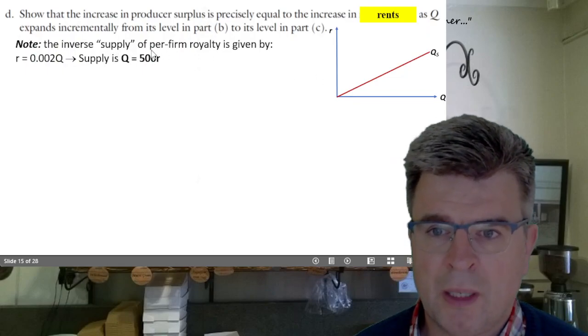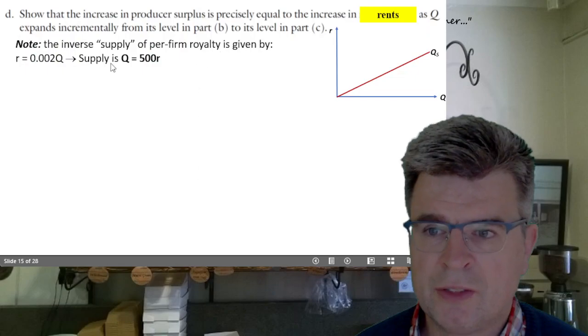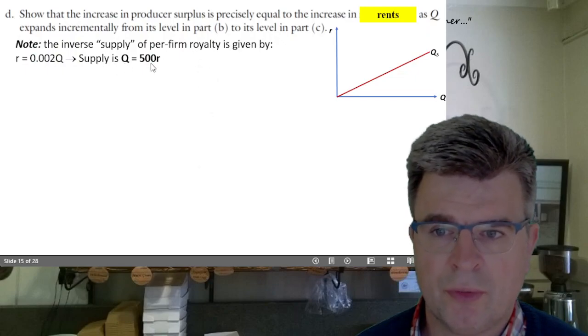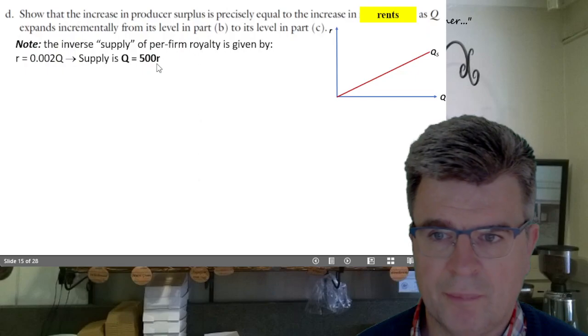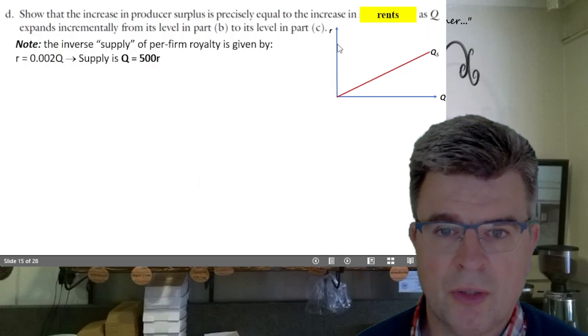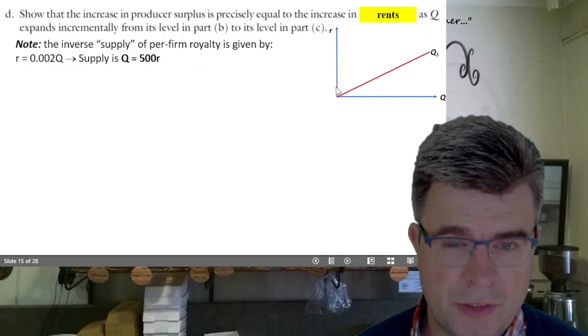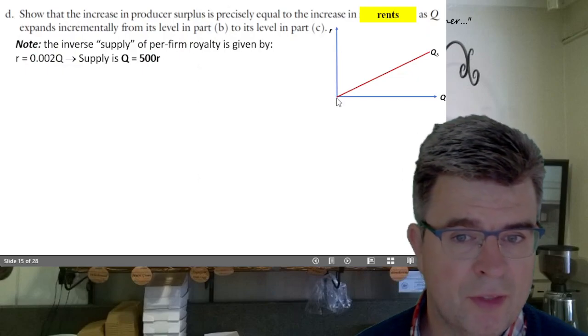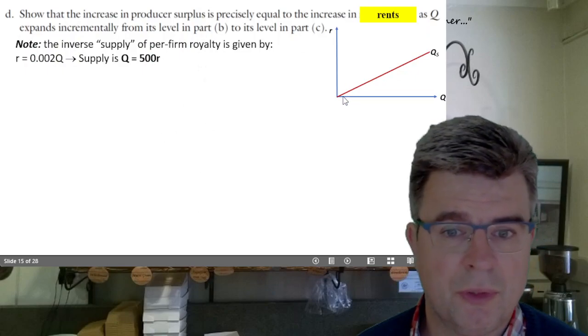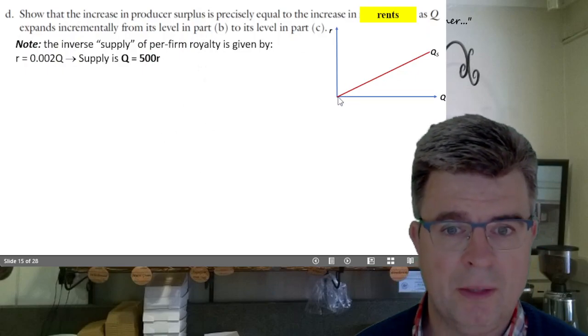So the inverse supply of the per film royalty is given by this equation over here. So the supply is Q equals 500 times R, where R is the royalty rate that the film studios receive. If this rate is equal to 0, so no royalties are paid, then the film studios will not provide any copying rights.